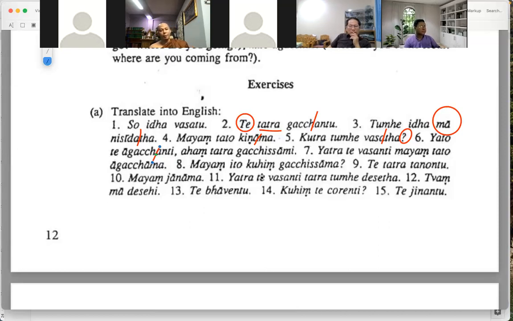So from where they come. Yato te agacchanti: from where they come, or where they come from. And then tattha gacchami. Gacchami.